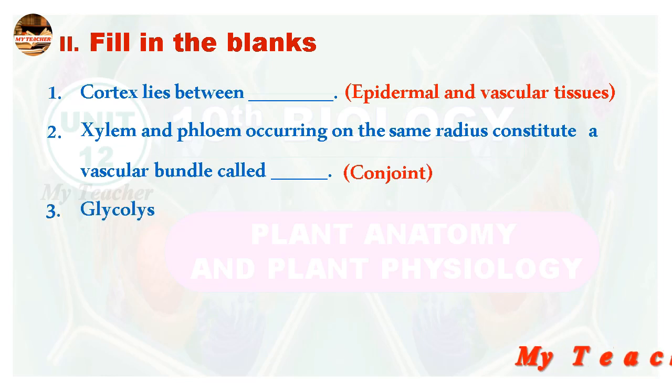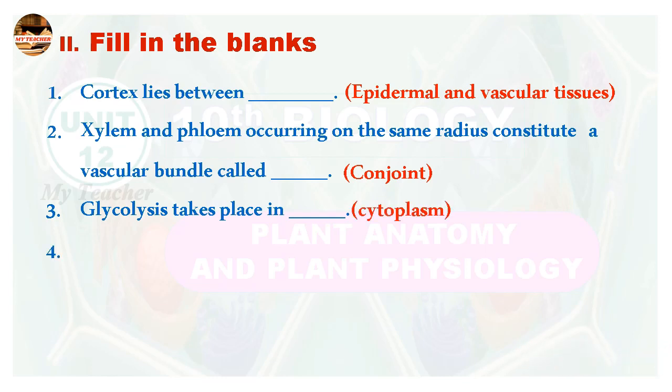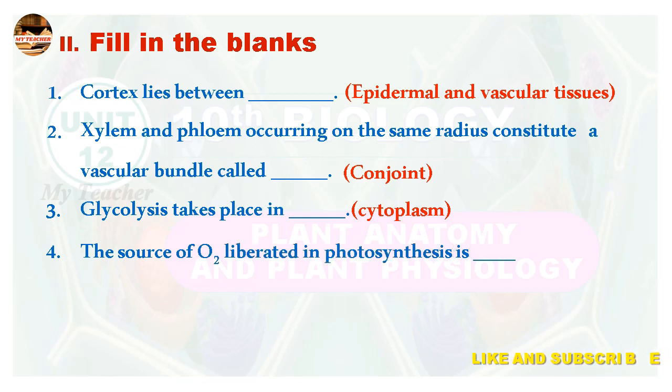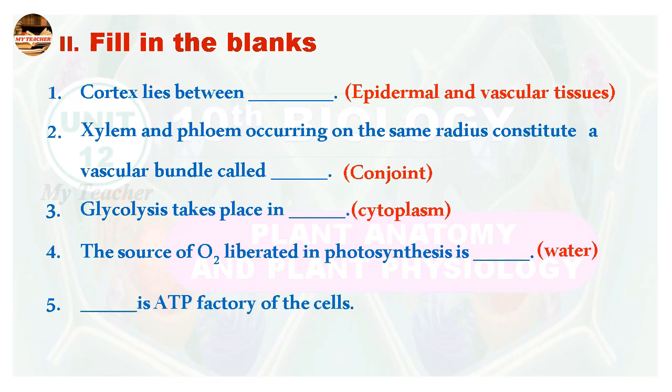Third one, glycolysis take place in dash. Answer cytoplasm. Fourth one, the source of oxygen liberated in photosynthesis is dash. Answer water. Fifth one, dash is ATP factory of the cells. Answer mitochondria.